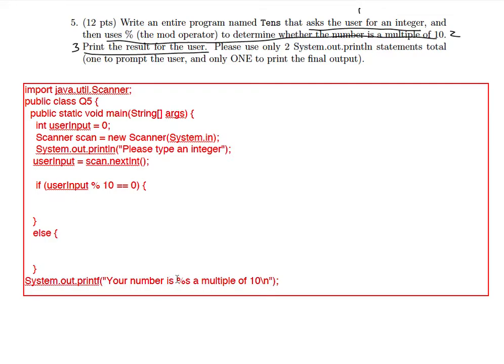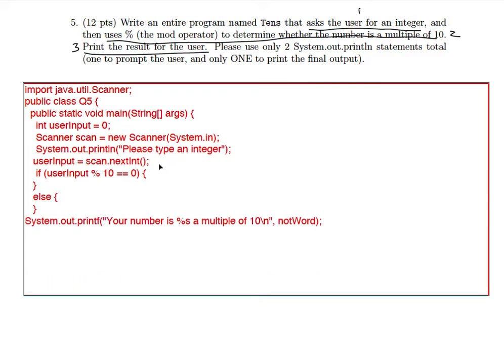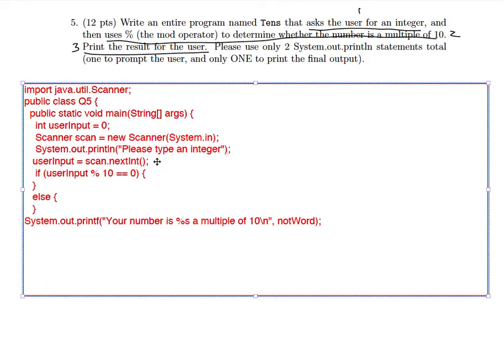Okay, so if I want an s in here, it means I need a variable. So I'm kind of working backwards here to say, what is my variable going to be named? I don't know. Not word. And I'm going to add it up here. Oops, I just saved, and that's what happens in Acrobat. It takes all my spaces out.